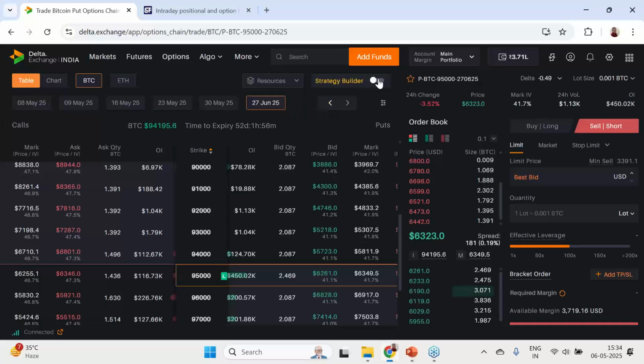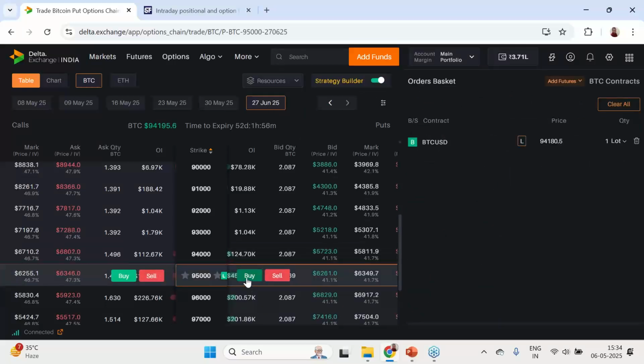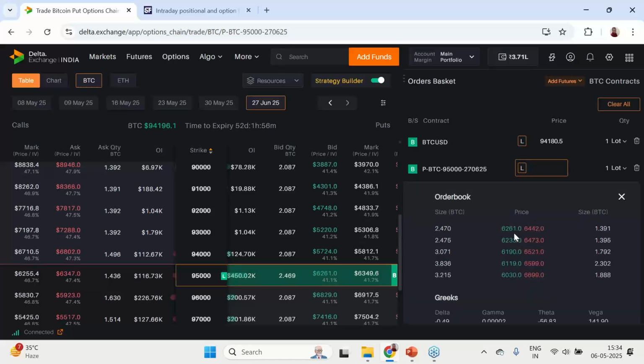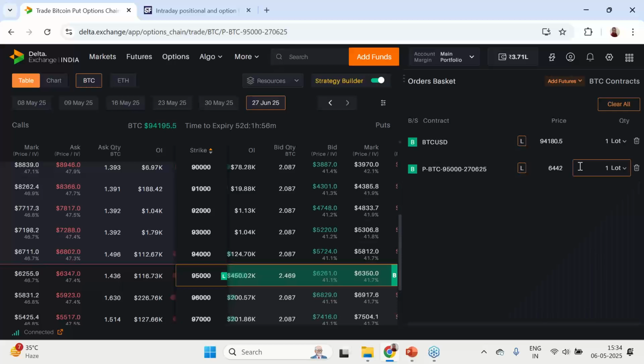So I am going again to the strategy builder. I am adding a put option of 95,000, and I have taken the longer dated option. The offer is 6,442. I am also buying at that 57. Do remember our theta is 57 points, 57 units negative.